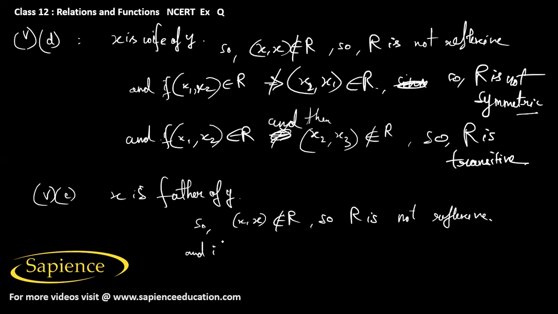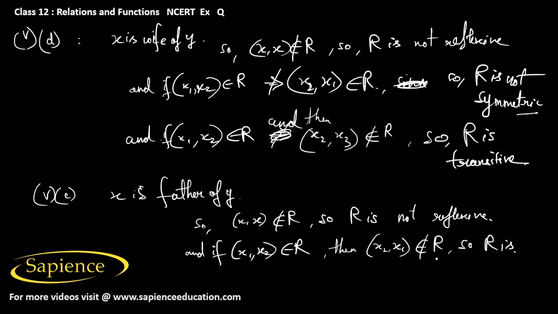And if x1 comma x2 belongs to the relation R, it means that x1 is the father of x2. Then x2 comma x1 does not belong to the relation R. So relation R is not symmetric.